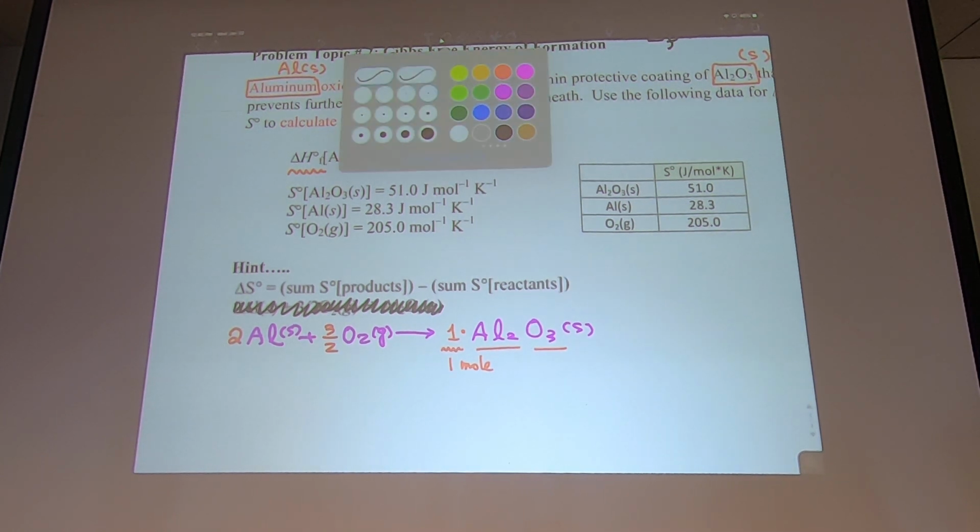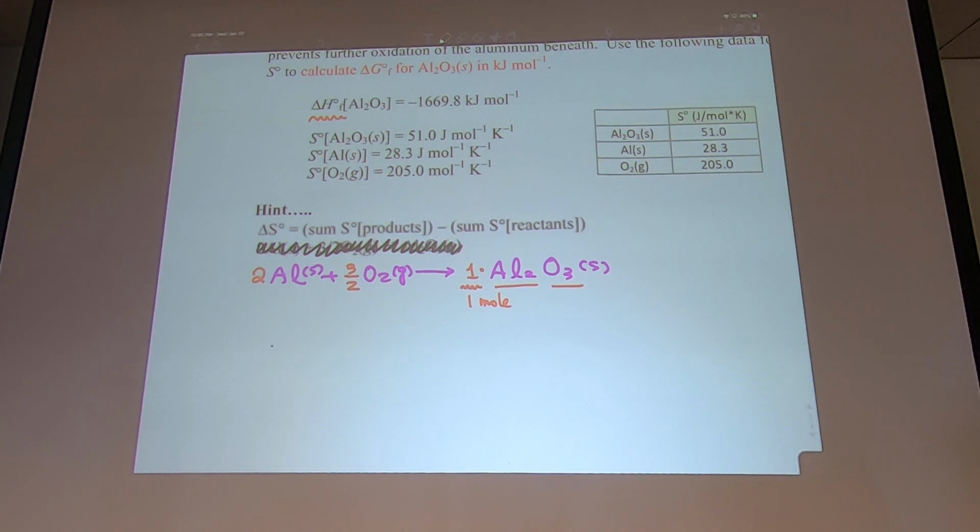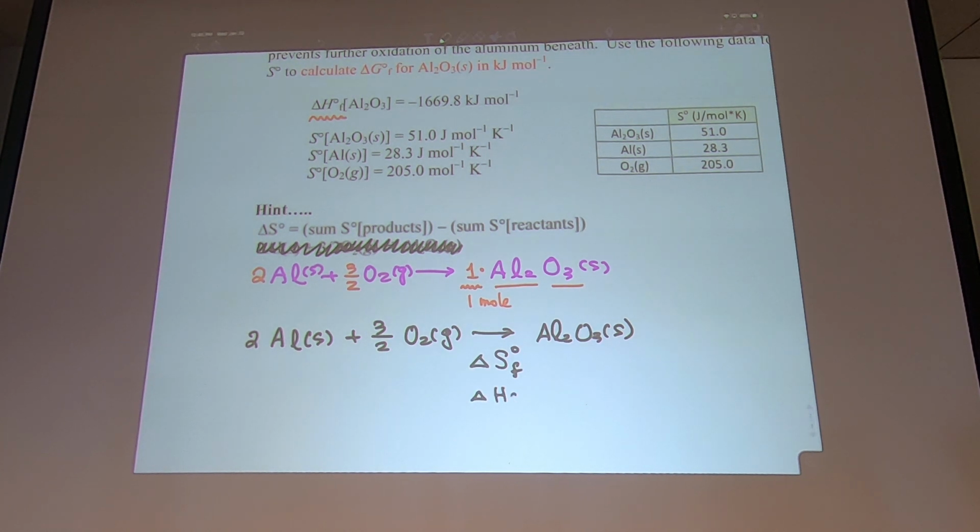So a very simple way of writing it is 2 Al, plus 3 over 2 oxygen gas, reacts to give Al2O3 solid. That's what we call the formation delta S, or even delta H and delta G of formation.